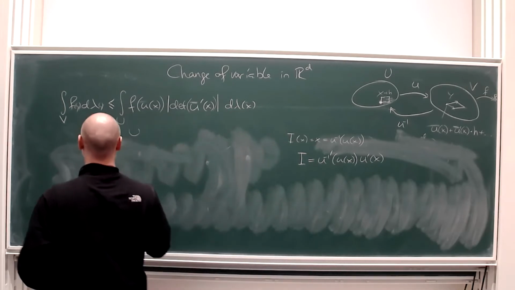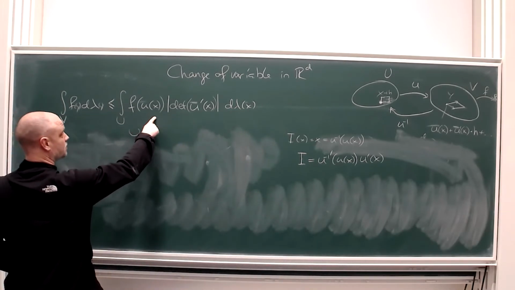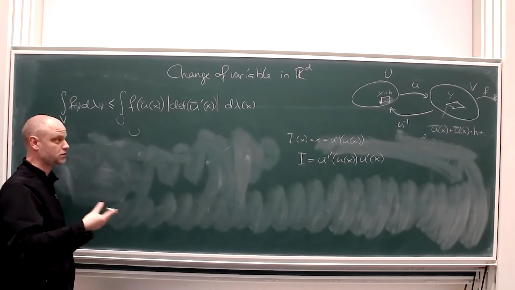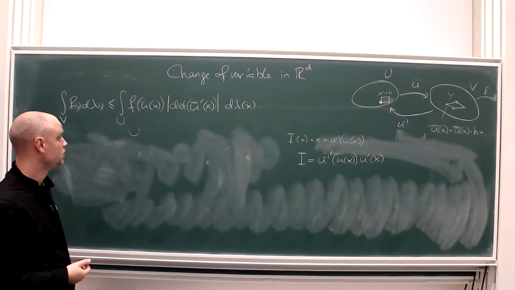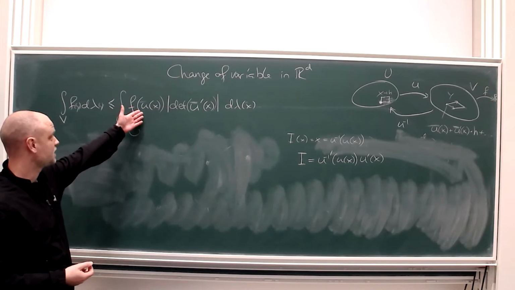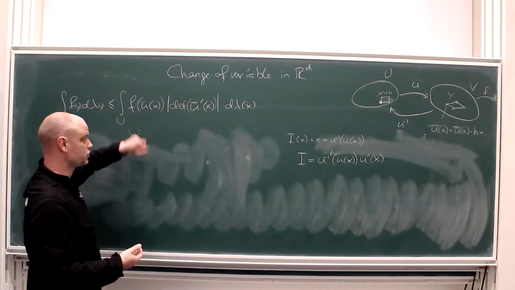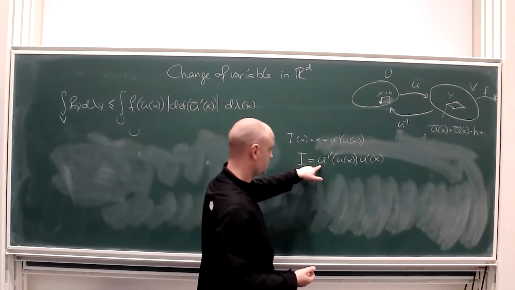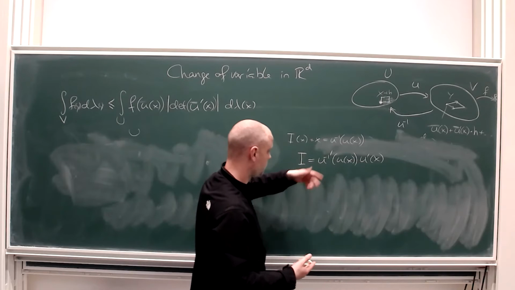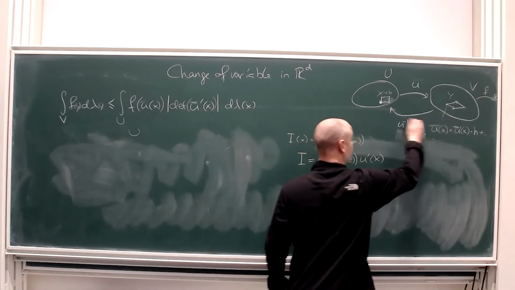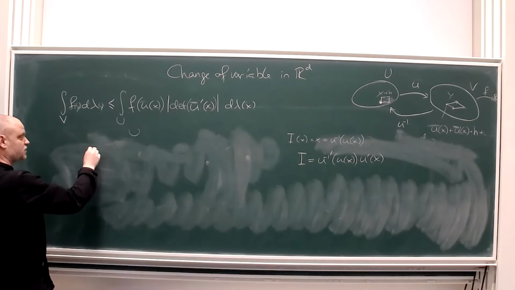So armed with that, let's say that we have this formula for all f's and for all changes of variable u. Well, then I can apply the same formula to the function f composed u and the change of variable u minus 1, right? Pulling me back from here to there. And that gives me another inequality going this way, right?